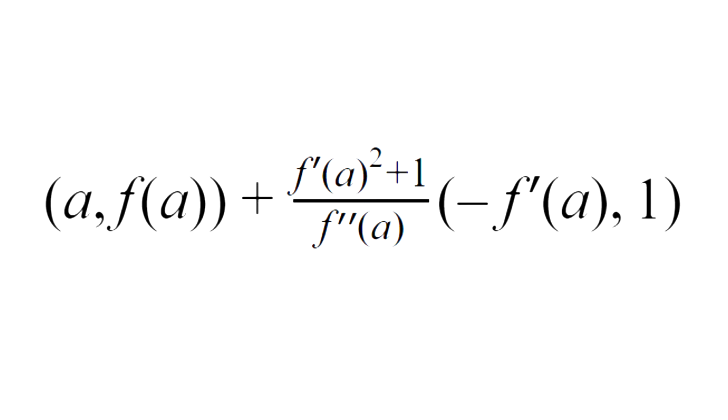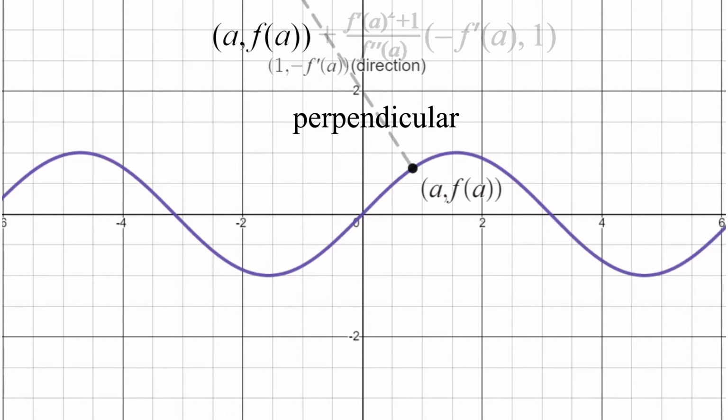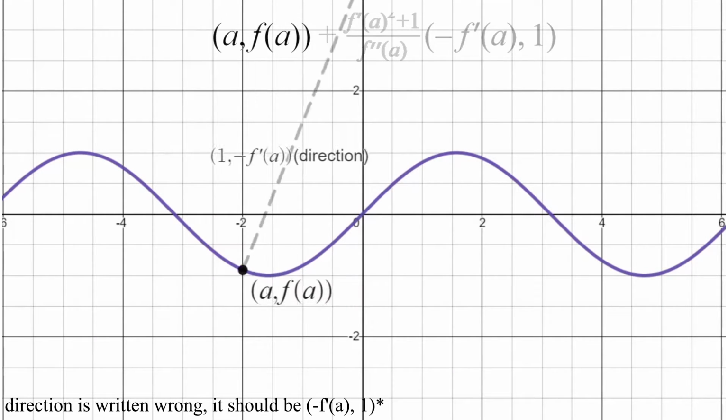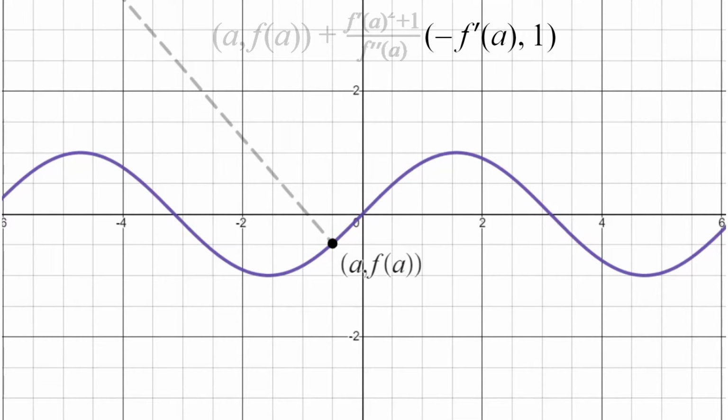Naturally, what this conjoined expression means is that at some point, you start at the function's curve, as indicated by this first coordinate. Then, at that point, you face a direction perpendicular to the function, indicated by the second coordinate. And then, at some distance, you walk in that perpendicular direction, where that distance is this overwhelming fraction right here.